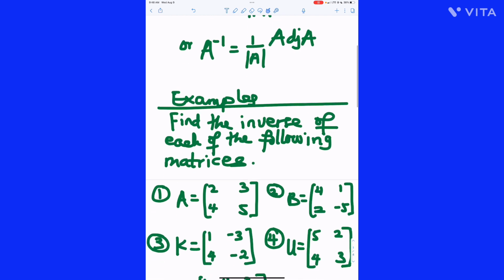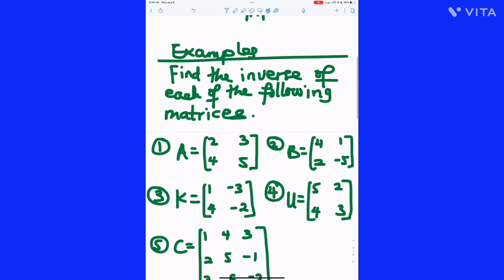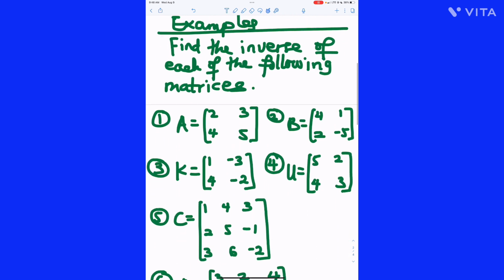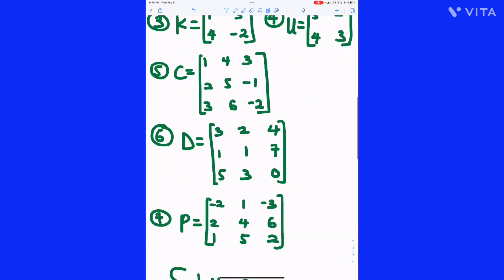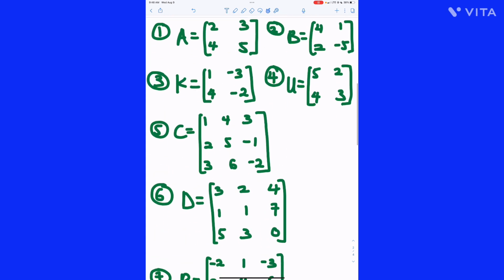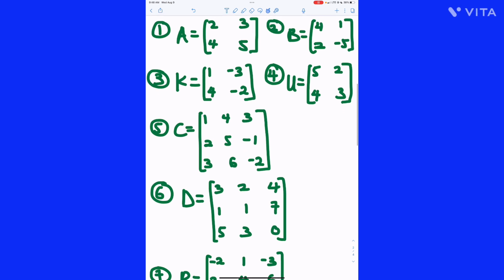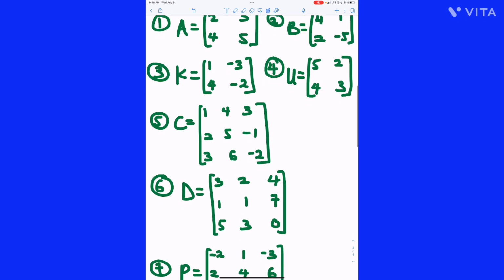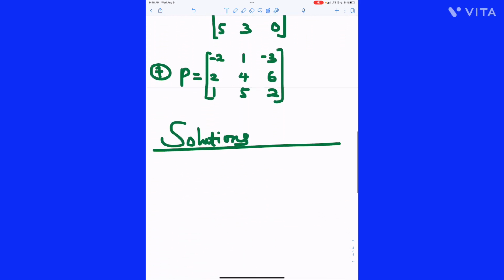So let's take a few examples. Here are some matrices whose inverses we are to find. Let's start from question 1, which is A. I'll just do one 2 by 2 matrix and one 3 by 3 matrix, one inverse each. You do the rest yourself.